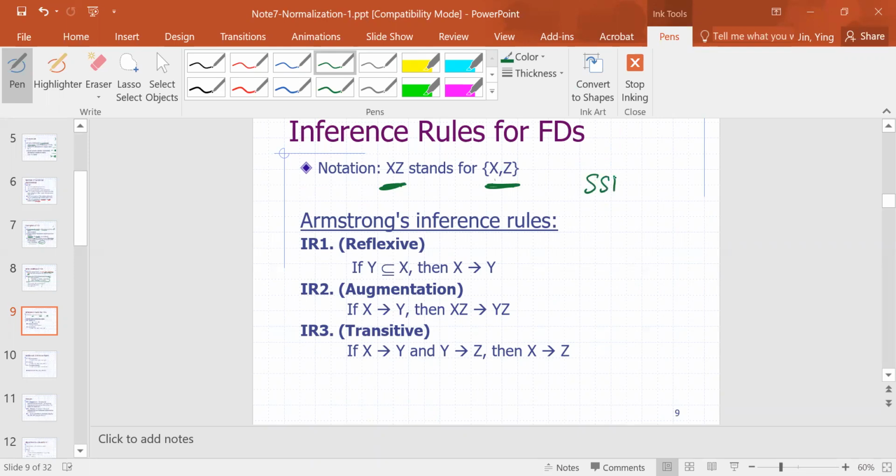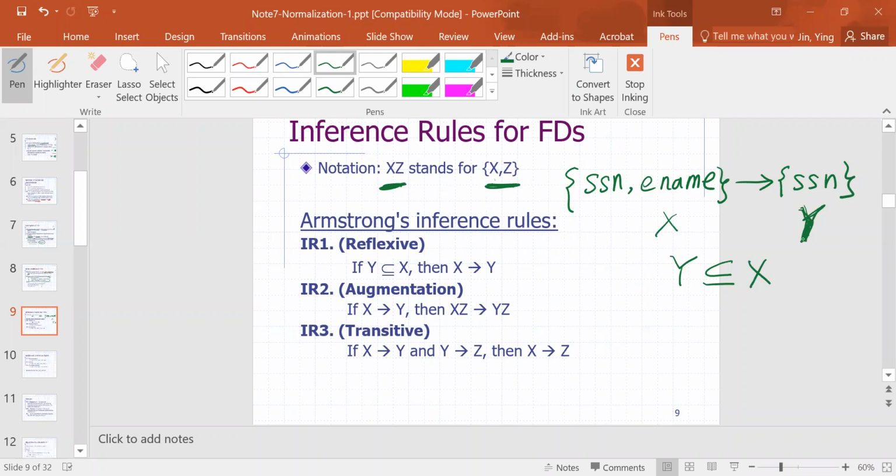For example, when I have SSN and ename, the employee name and social security number, on the left-hand side, and the right-hand side is the social security number, let's see a functional dependency like this. This is the Y part, and this is the X part. Now you can easily see Y is a subset of X, so this functional dependency is always true.